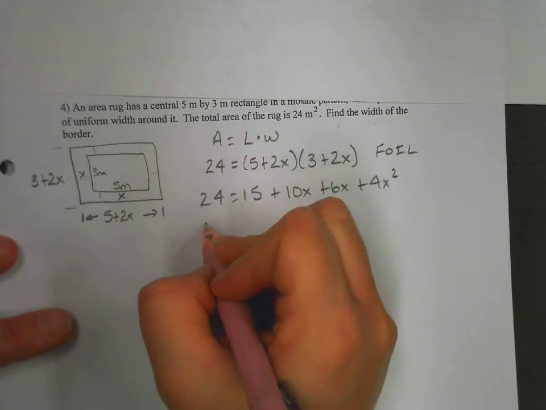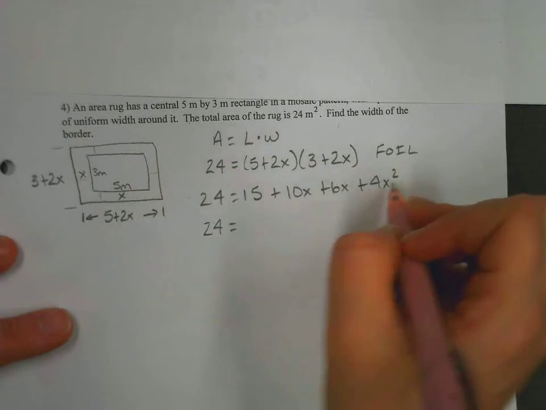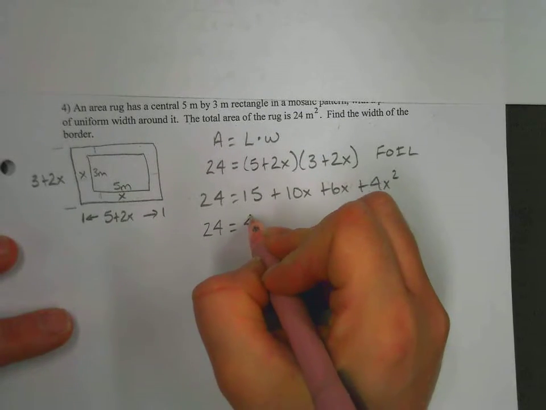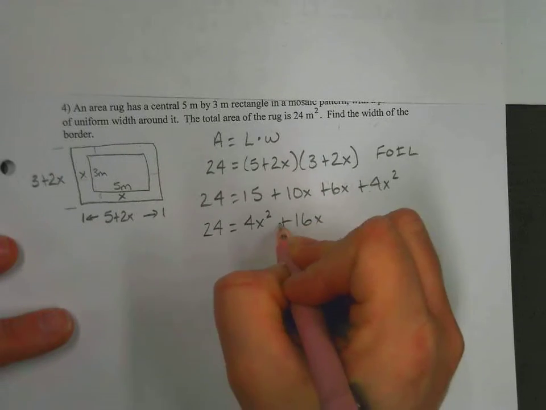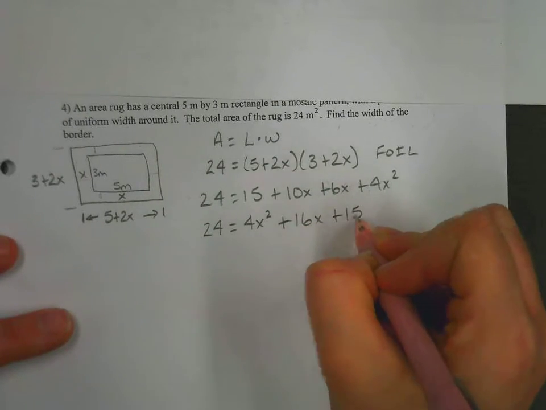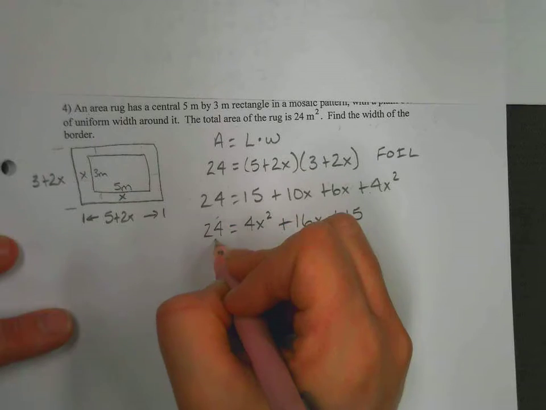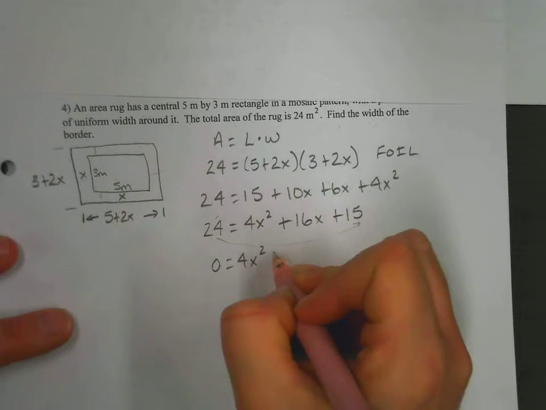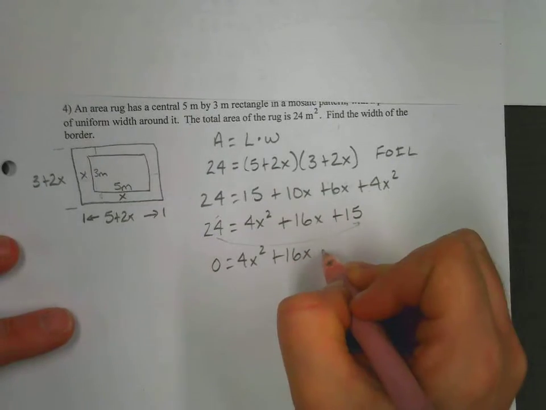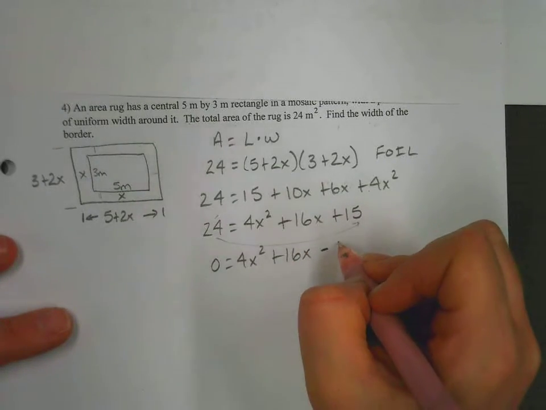I'm just going to rearrange this and clean it up a little bit, writing my x squared in front, the way I like to see it. 4x squared plus 16x plus 15. I'm now going to move my 24 to the other side of the equation, to make it equal to 0. 4x squared plus 16x minus 9.